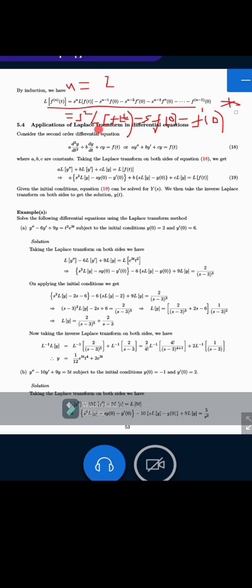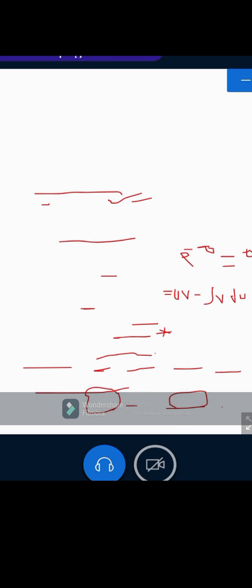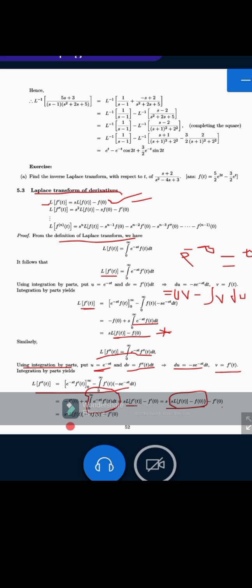So if you look at whatever you have here, it is the same thing that we obtained previously.